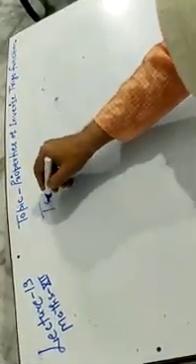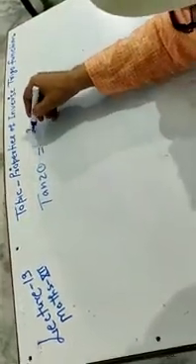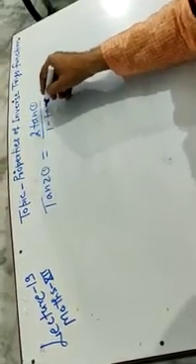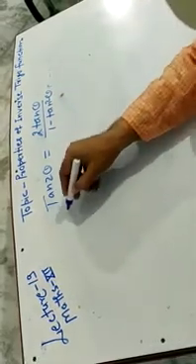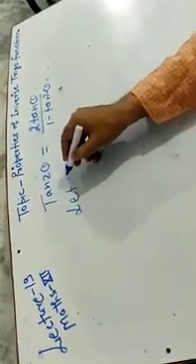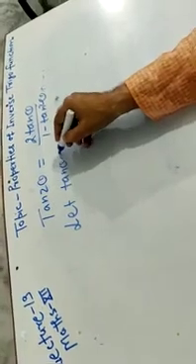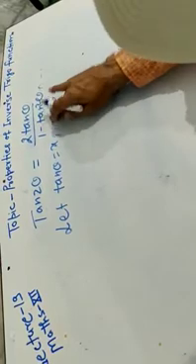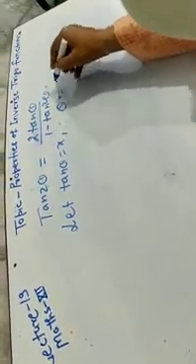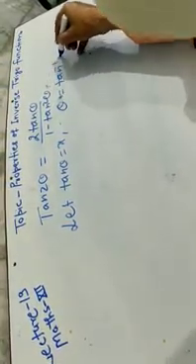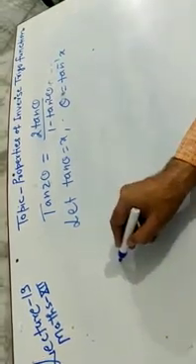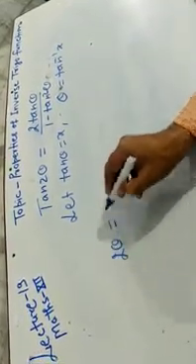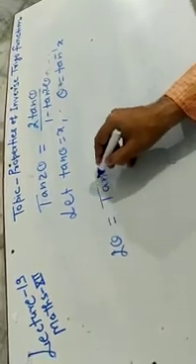Tan 2 theta equals 2 tan theta by 1 minus tan square theta. Let tan theta equal to x, theta equal to tan inverse x. You can write 2 theta equals tan inverse.